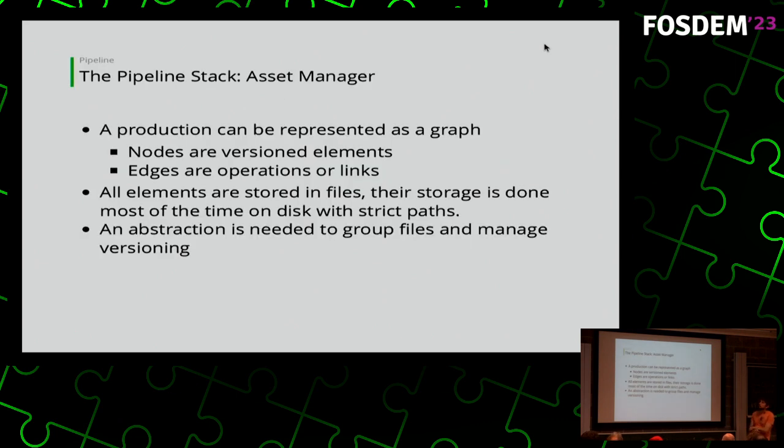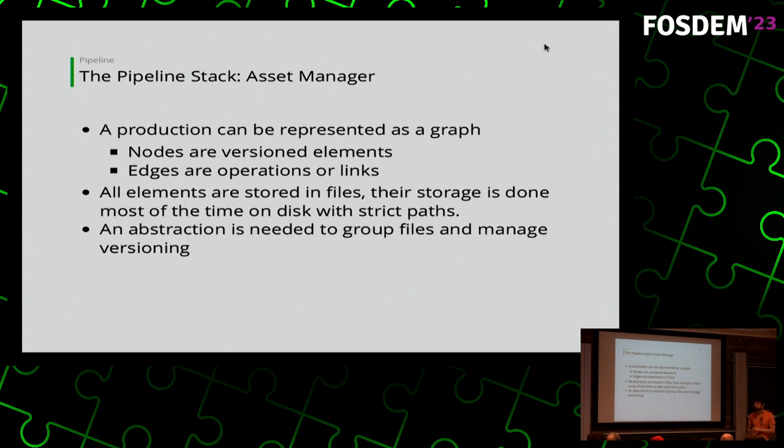The other main element is the asset manager. You can see an animation production as a big graph. Every element is tied together. Especially because when, for instance, you do an animation, you will need several models to run the animations, but you will need specific versions of every model, and you have to represent that.